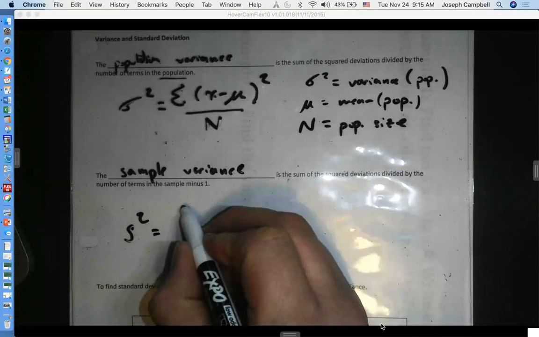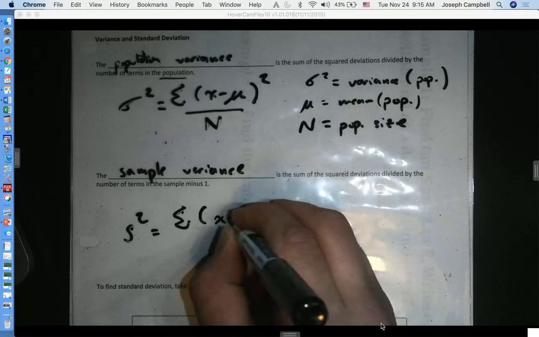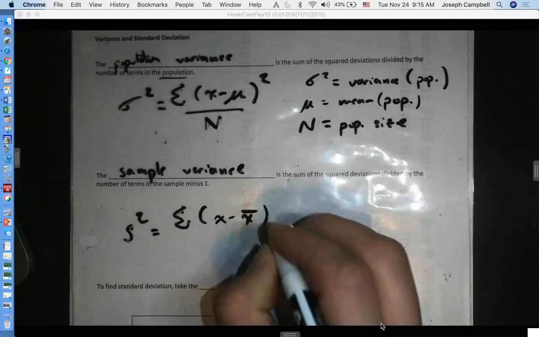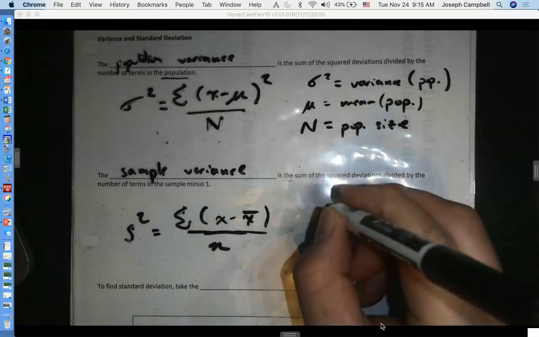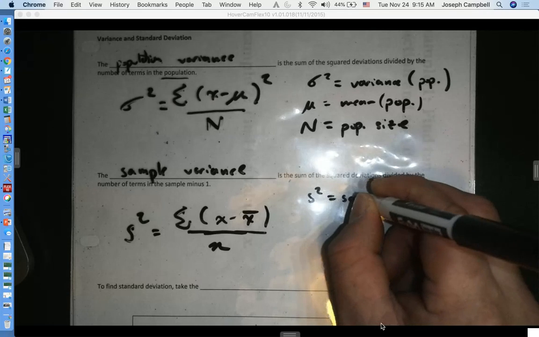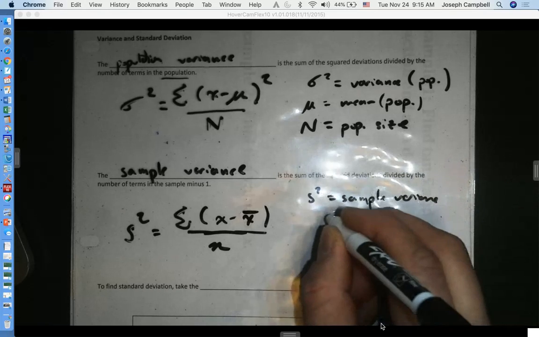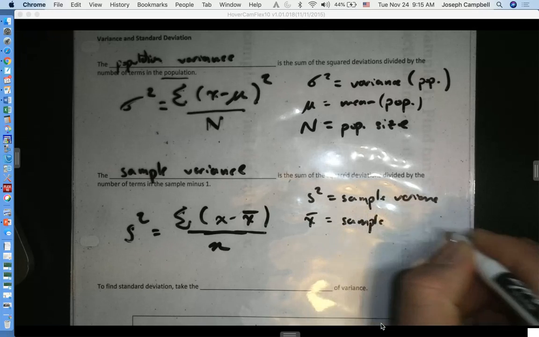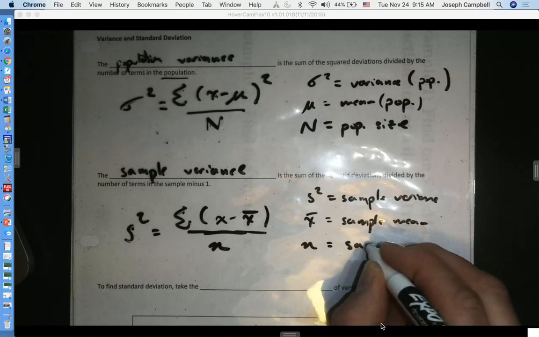Everything looks exactly the same, except you're using the sample mean and the sample size. So I'll write it down anyway. That's equal to the sample variance, x-bar is the sample mean, and n is of course sample size.